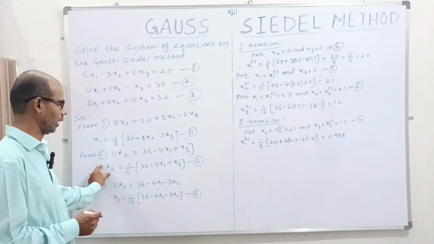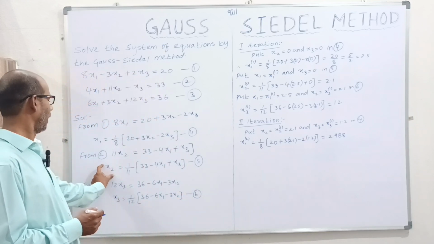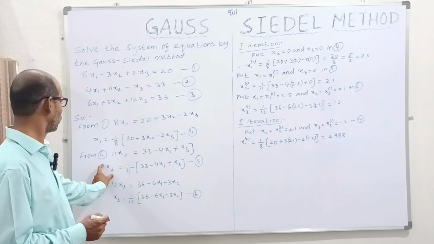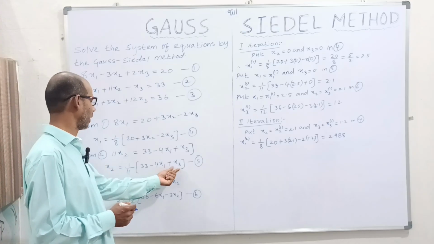Now we have to find the x2 variable for the second iteration. We have to substitute the values of x1 and x3.